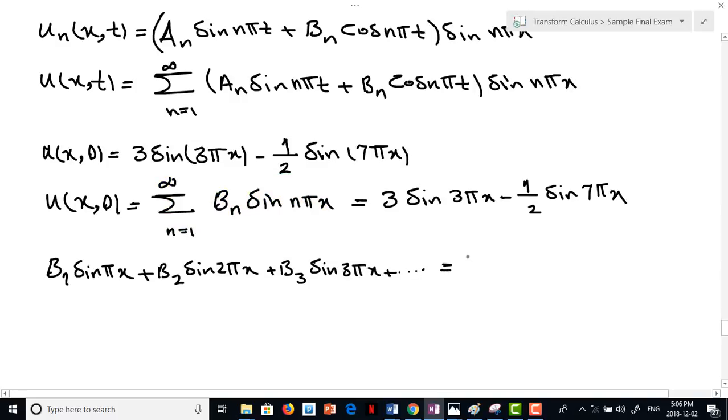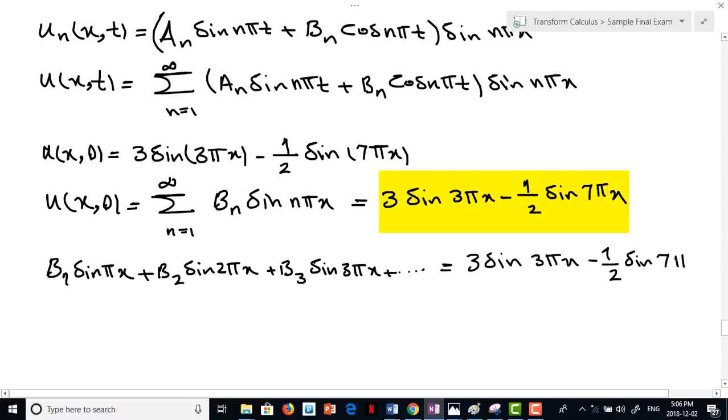It should be equal to 3 sine 3 pi x minus half sine 7 pi x. If you compare the right-hand side and left-hand side, here we have 3 sine 3 pi x, and here we have b3 sine 3 pi x. As a result, b3 is equal to 3. So b1 is equal to 0, b2 is equal to 0, b3 is equal to 3.